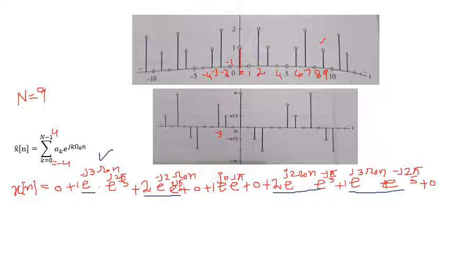So others are 0, so we just write it like this. Because this is positive, let me write the positive term first. Okay, or let's start with this one.